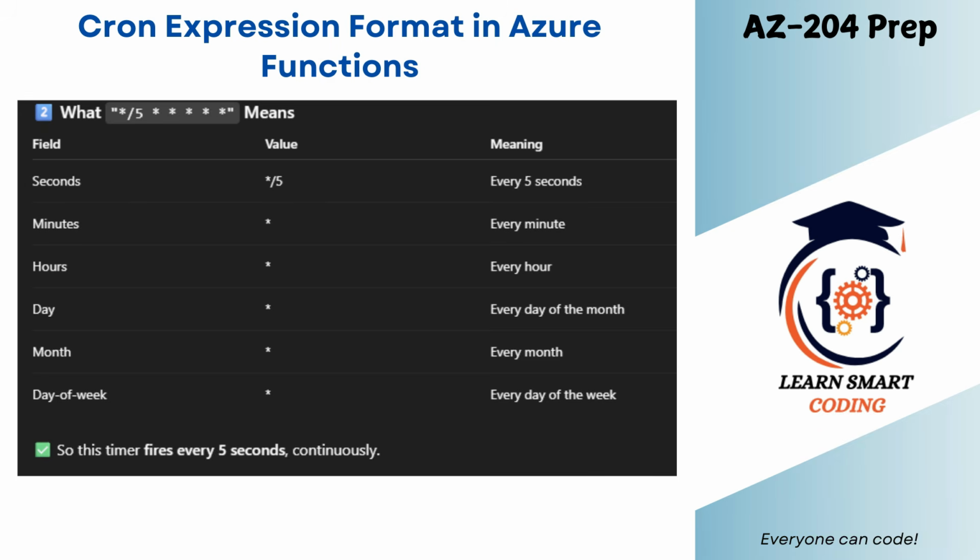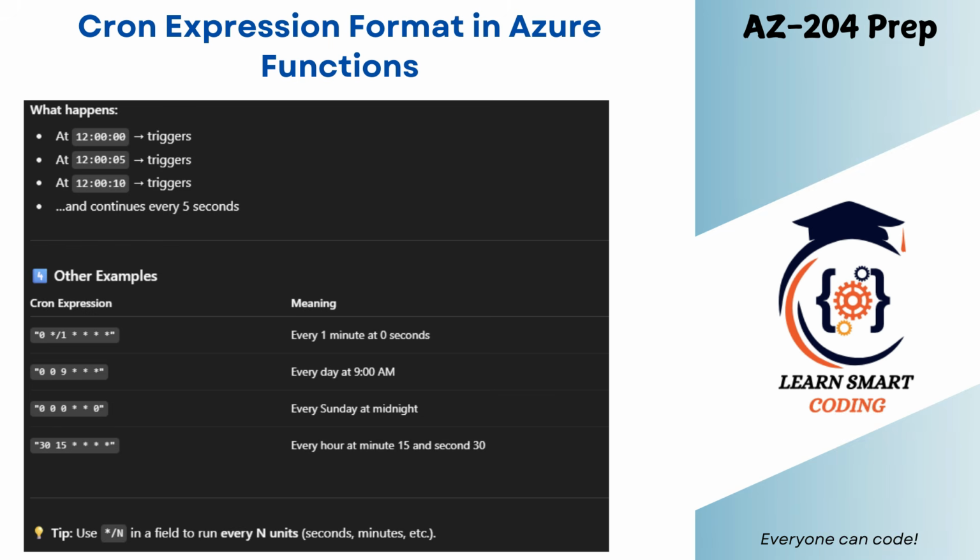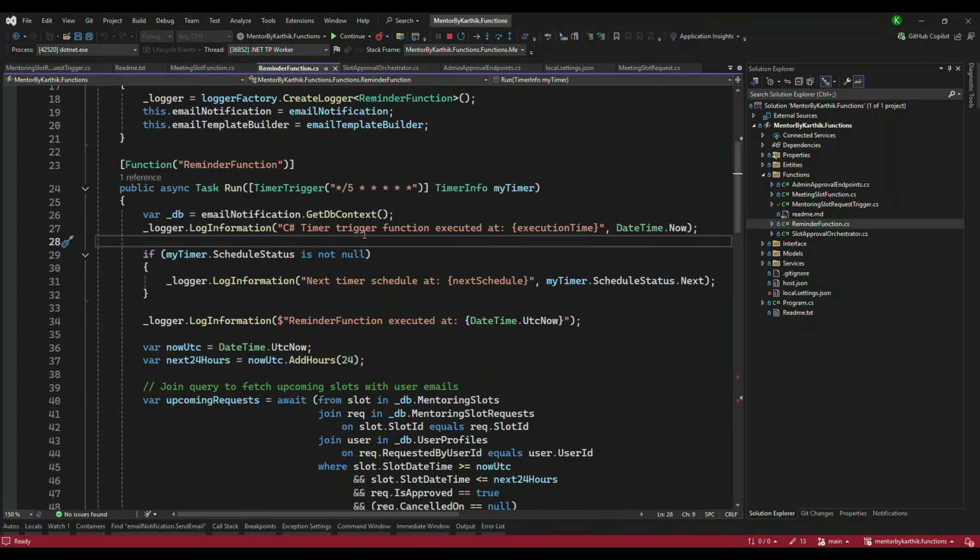There are other examples, and based on what you put here, it will run on a different interval. For example, every 1 minute at 0 seconds, every day at 9 p.m., every day at 9 a.m., every Sunday at midnight, every hour at minute 15 and seconds 30. So there are different ways of using it. So why am I using this function as part of this demo?